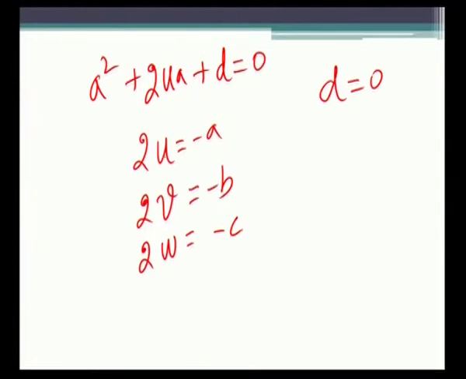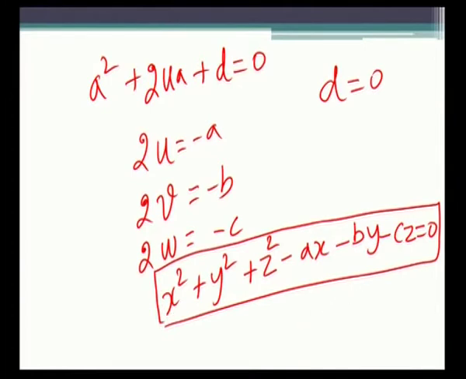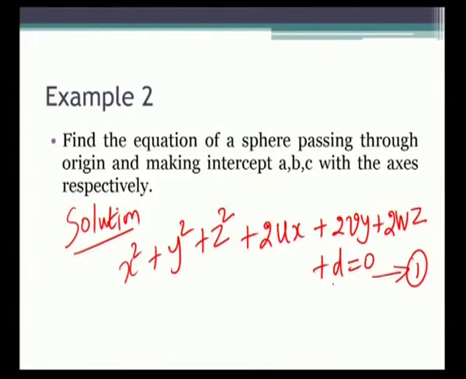Now, substituting these values of u, v, w in equation 1, we get x square plus y square plus z square minus ax minus by minus cz is equal to 0, which is the required equation of a sphere that passes through the origin and cuts the coordinate axes at the points A, B, C. So, from this problem what we learnt is how to get the equation of a sphere when it passes through the origin and makes intercepts a, b, c with the axes.